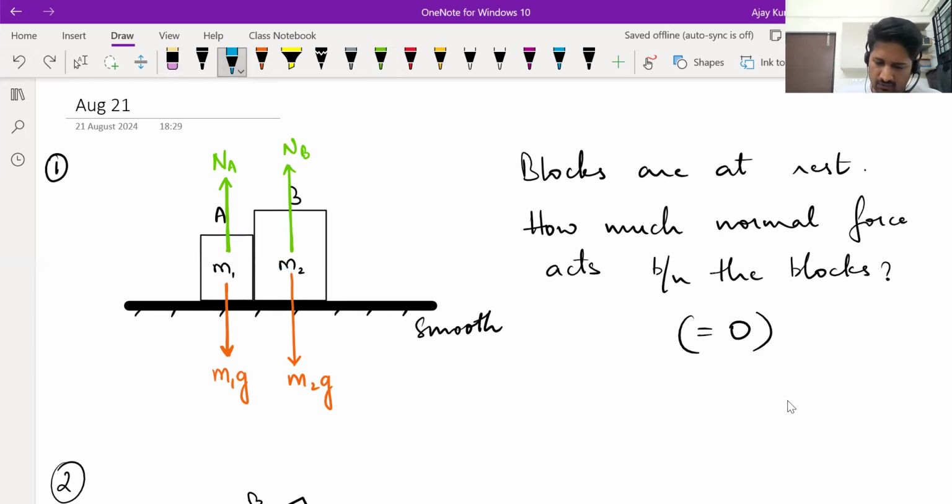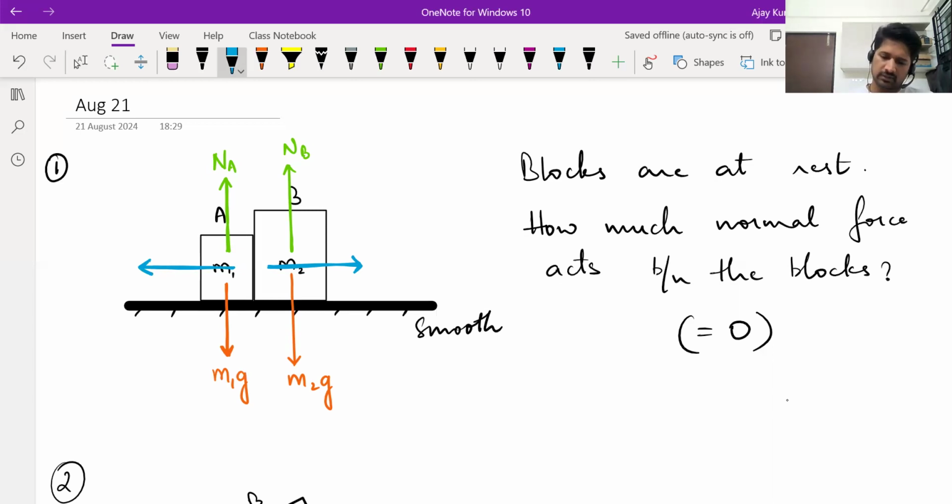It has to be to the right because normal force is a pushing force. So if A pushes B, it has to push it this way. Similarly, every action has an equal and opposite reaction. If A pushes B, then B will also push A. Then A will experience the reaction like this. If at all they exert any force, they have to be like this.